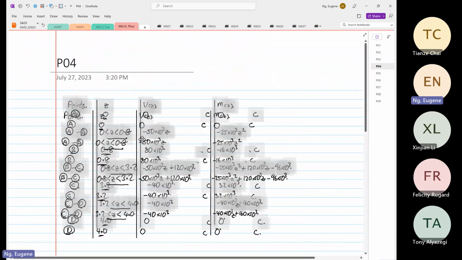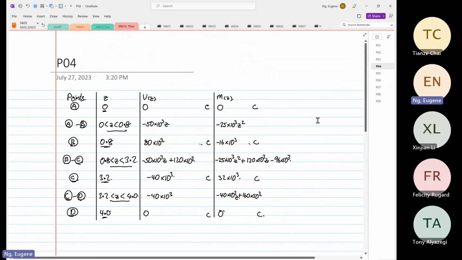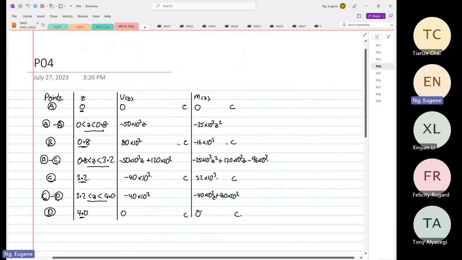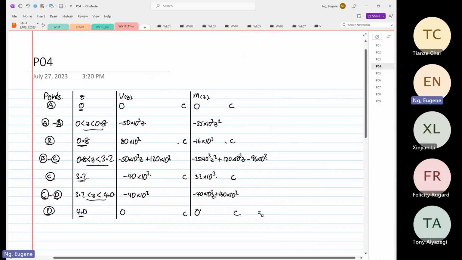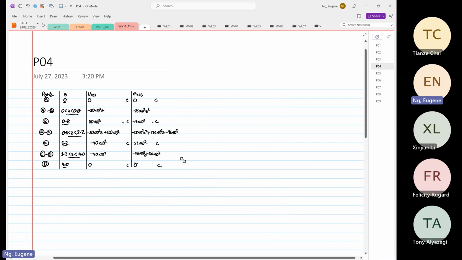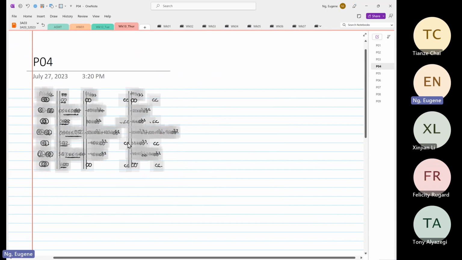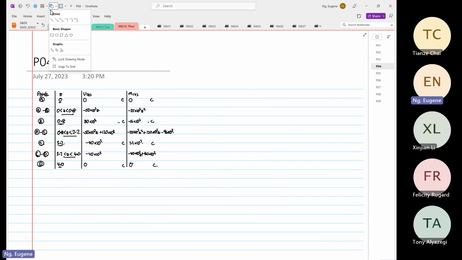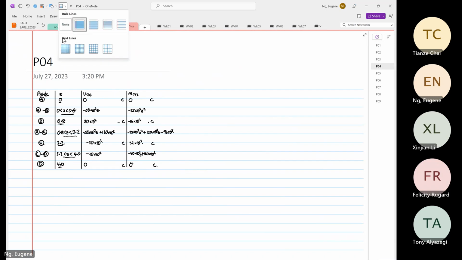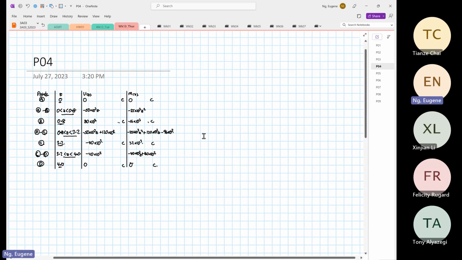Okay, so this is the equation we have, and then we are going to see how this works. Yeah, I can still read them. I'm fine with this. Okay, so from here we are going to plot our shear force and bending moment diagram.